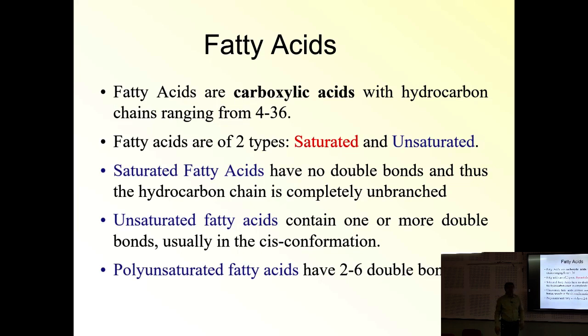PUFA has more than one double bond. In MUFA, mono means a single double bond is there. What is an example? For example, monounsaturated fatty acid, as I said, oleic acid. Okay. Similarly PUFA, for our brain, DHA and EPA, are of much more importance. Linoleic acid, linolenic acid, 18:2.